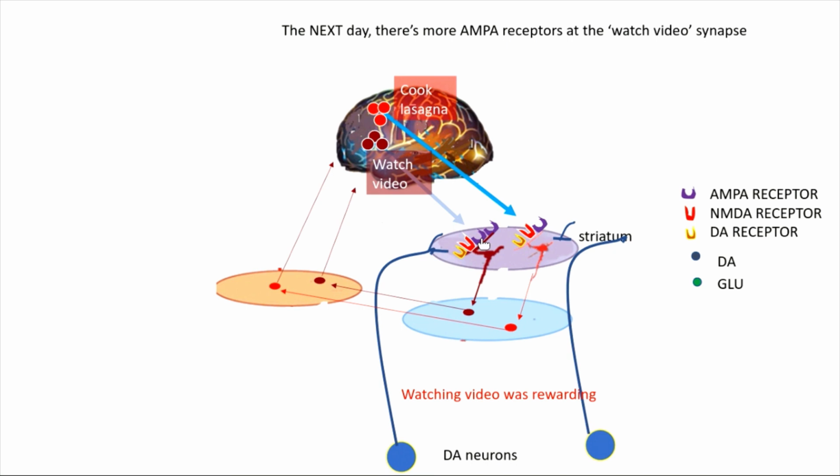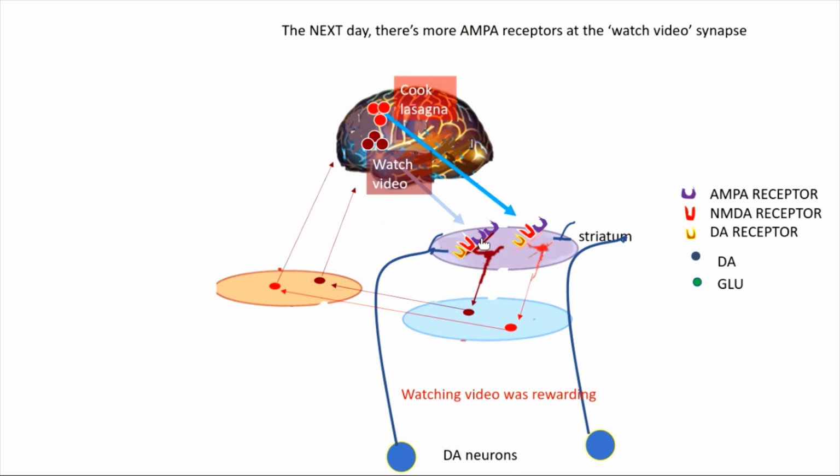Well, what would happen there is it's just like with juice. You could get the amount of juice that you expected, more juice than you expected, or less grape juice than you expected. If you get more, you get a surge of dopamine. If you get the amount of juice that you expected, the dopamine stays at its baseline level. And if you get less than you expected, dopamine actually drops lower.